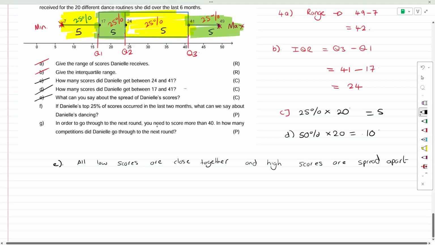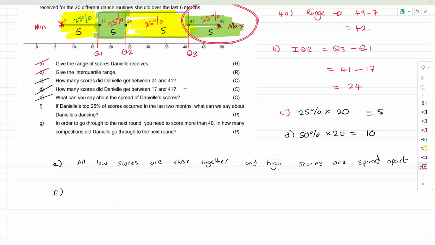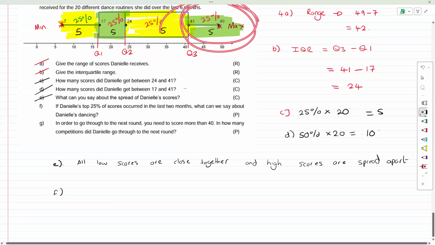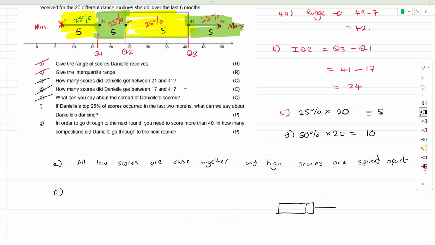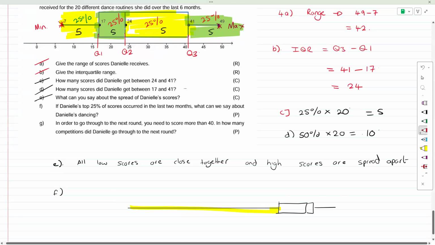If Danielle's top 25% of scores occurred in the last 2 months, what can we say about her dancing? So her top 25% is here, right? Because remember each part, see guys, I would just like to show you something. Even if your diagram looks like that, every single part here would be 25%.